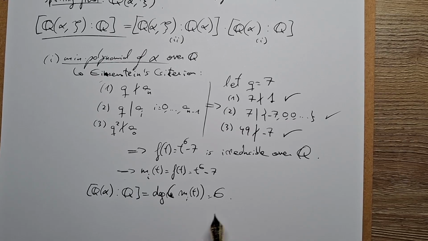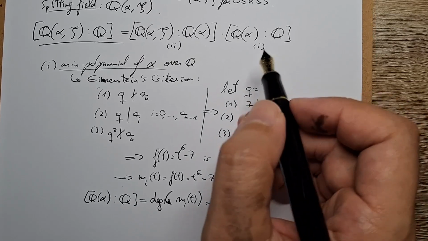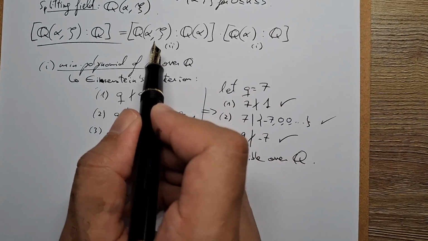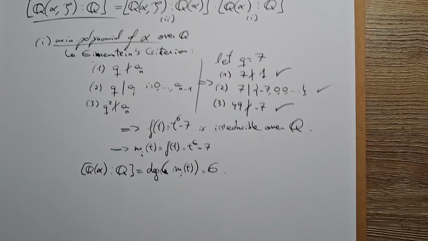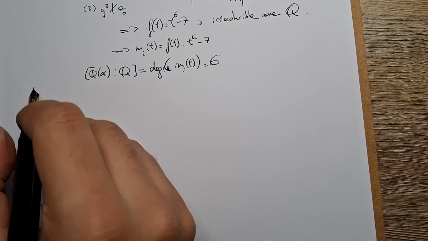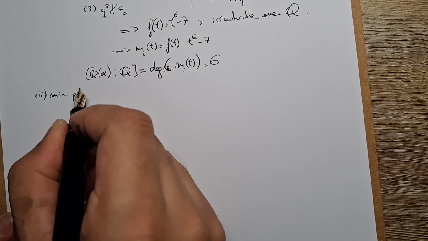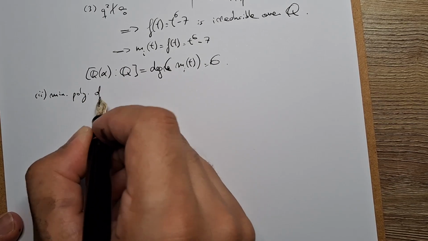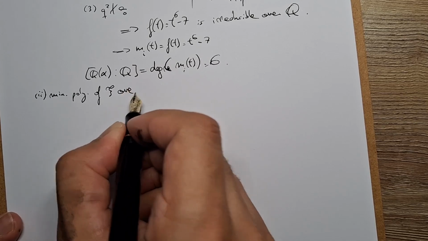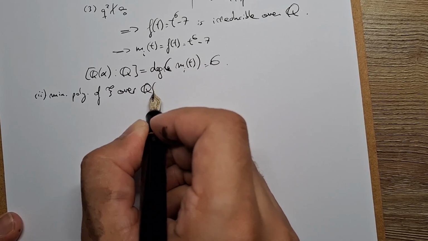So we found the first degree, which is the degree of this extension. Now let's go for the second extension. For the second extension, we want to find the minimal polynomial of theta over Q adjoined with alpha.